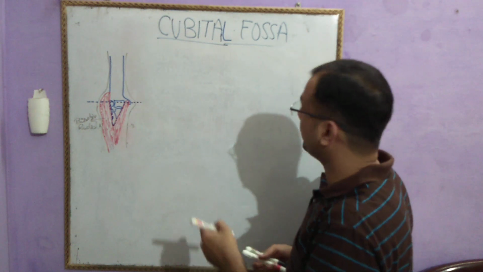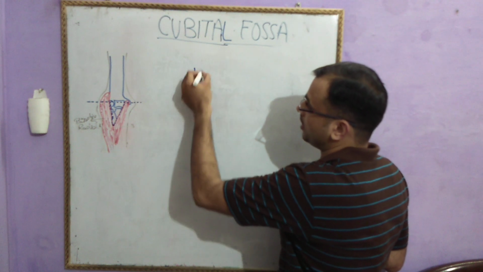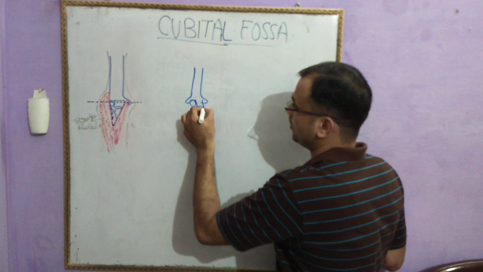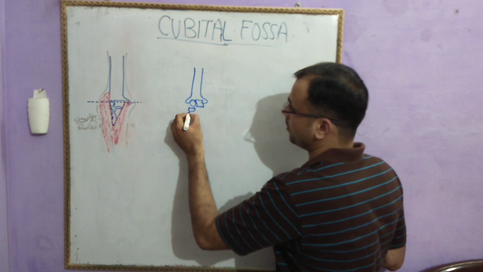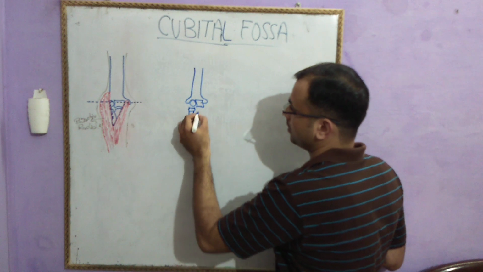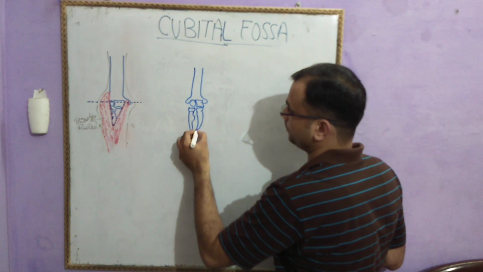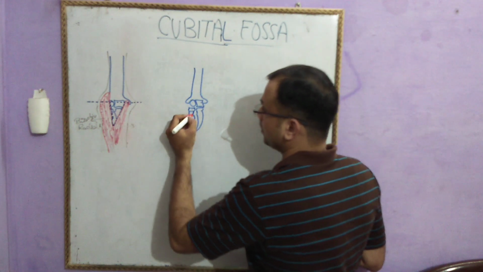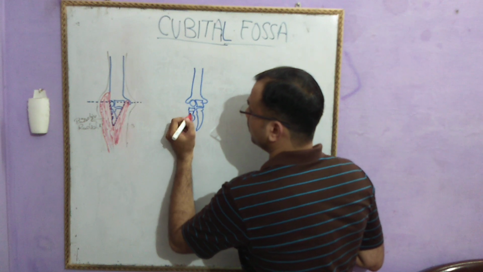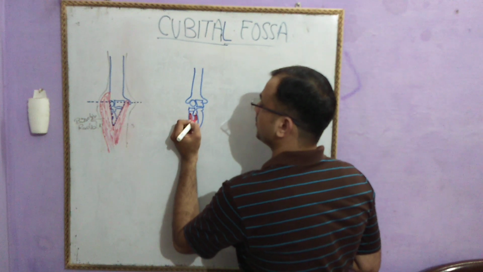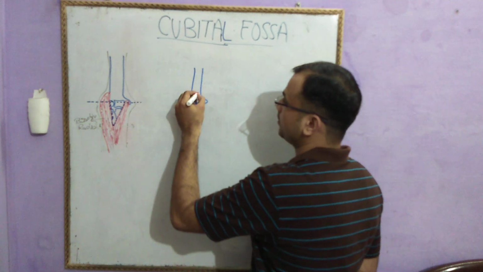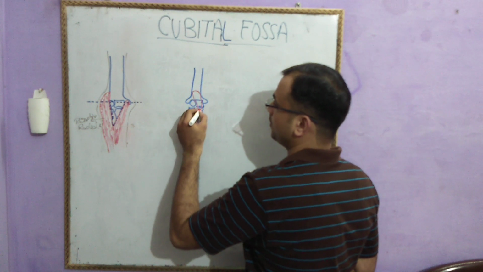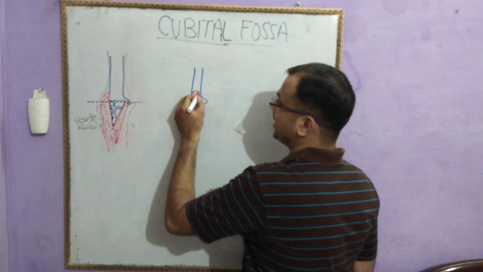Now we will draw the diagram. This is the humerus, lateral epicondyle, medial epicondyle. This is the head of the radius. This is the ulna. Now here is the location of the supinator muscle, and this is the location of insertion of the brachialis muscle.